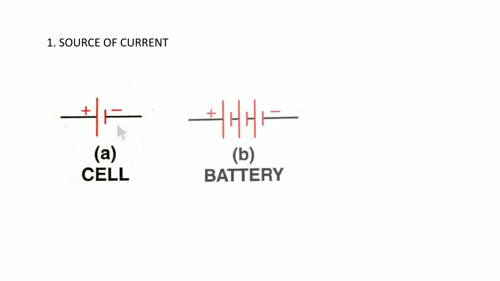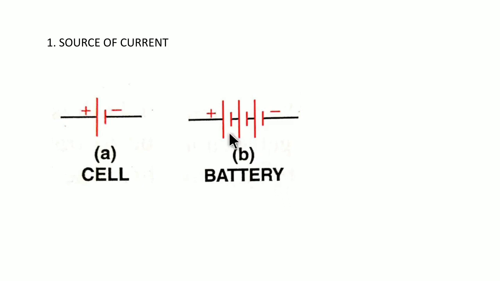Then we have a battery. Battery means if you have more than one cell, suppose over here there is a cell, another cell over here, another cell, connected in series. Plus minus, plus minus, plus minus, so that the minus of this cell and the plus of the first cell act as the positive and the negative terminals respectively. So the combination of cells is called a battery.